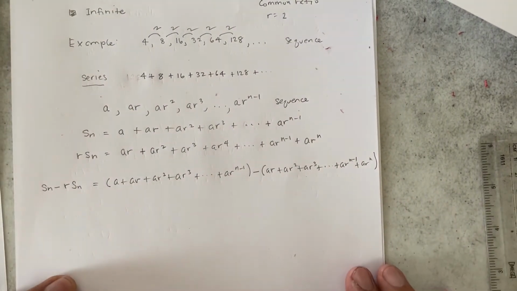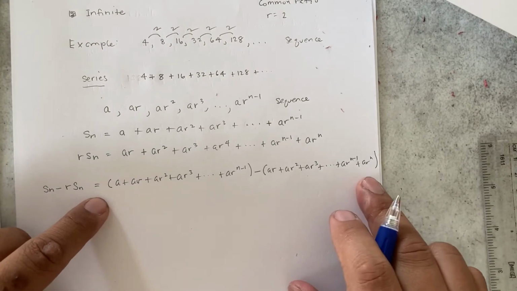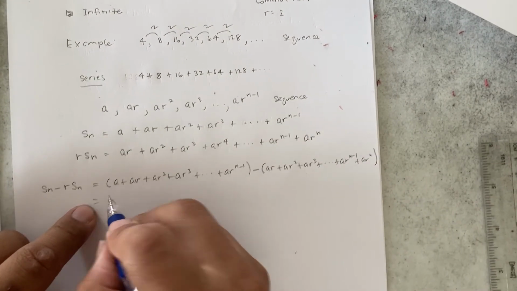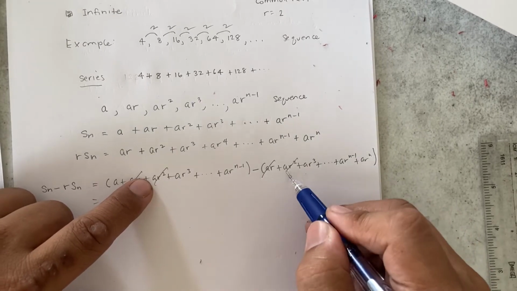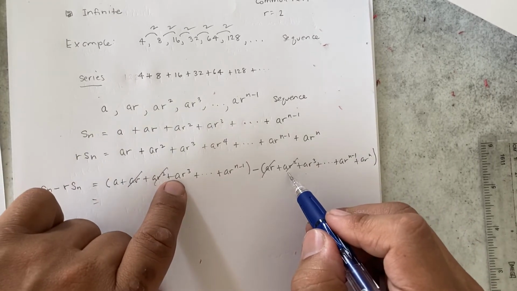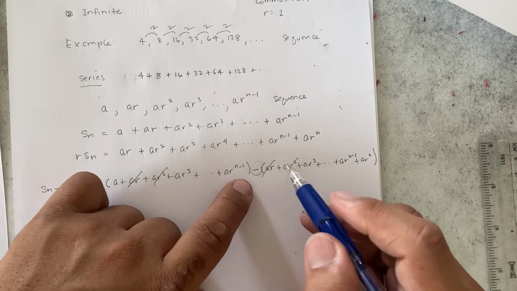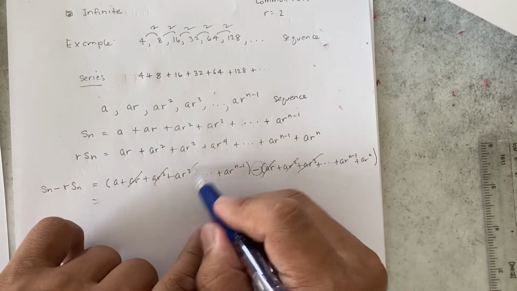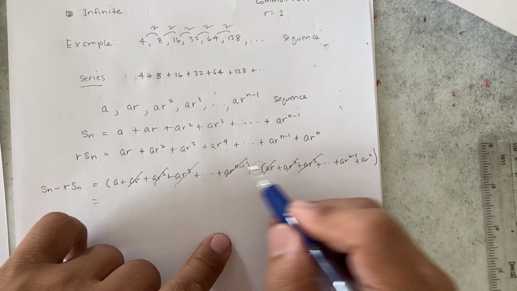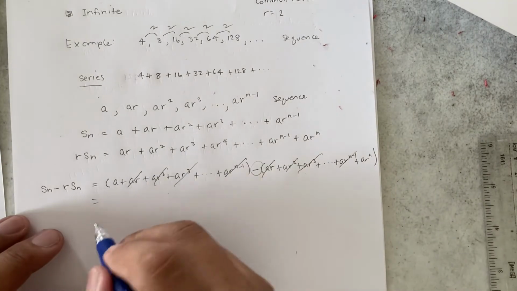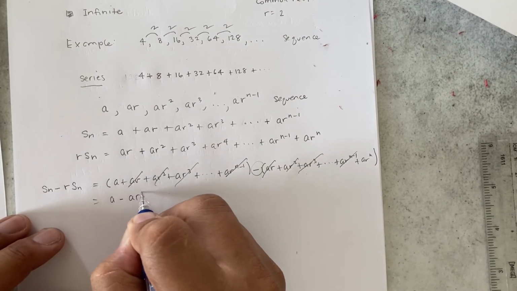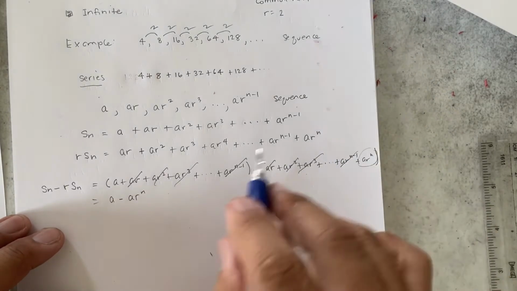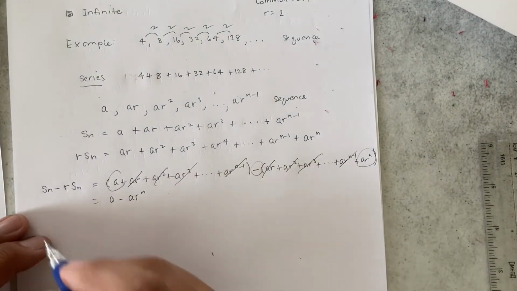Now what you see here is that everything cancels: ar cancels with this one, ar cubed cancels, there's a minus here. So everything you see here will cancel. What you're left with is a minus ar to the n.